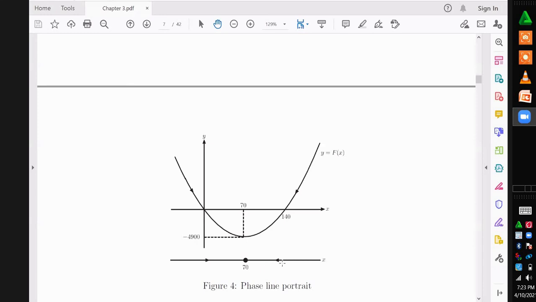So solutions greater than 70 are also approaching 70, and solutions less than 70 will also approach 70. So equivalently, as we said, it is asymptotically stable, and also this is the point of minima, and in this neighborhood there is no other point of minima, so this is an isolated equilibrium point.